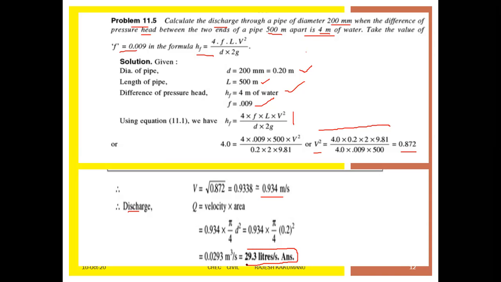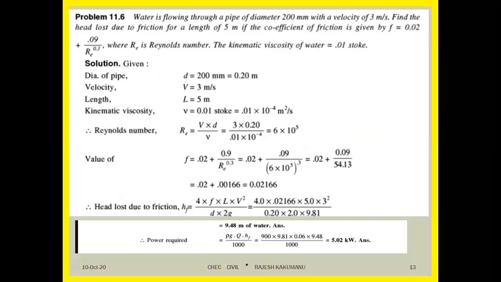Okay, now next. See the next problem. The water is flowing through a pipe of diameter 200 mm with the velocity 3 meters per second.